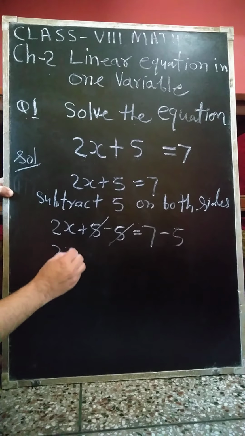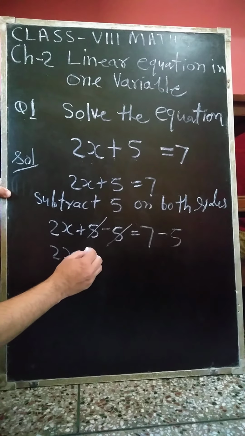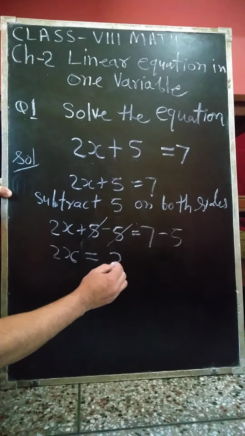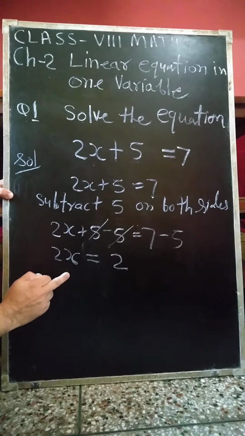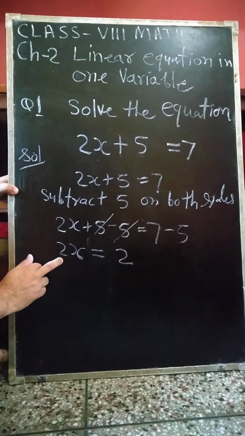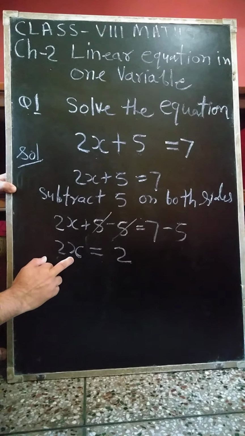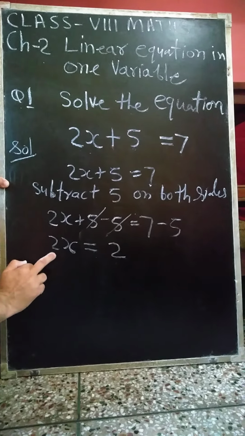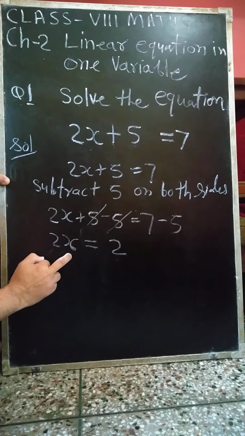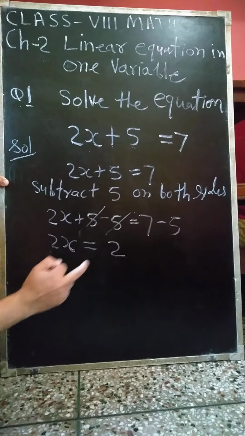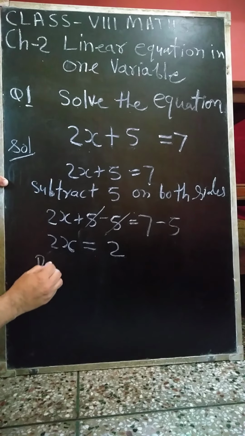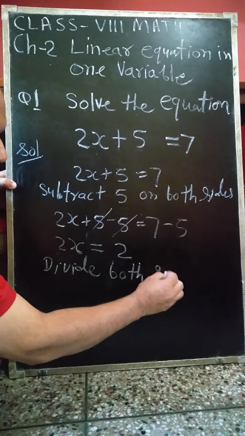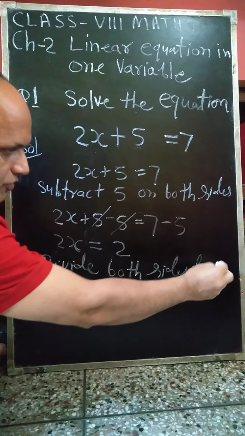5 cancels, 2x equal to 7 minus 5, 2. Okay, now 2 is in multiplication with the variable, so divide both sides by 2.